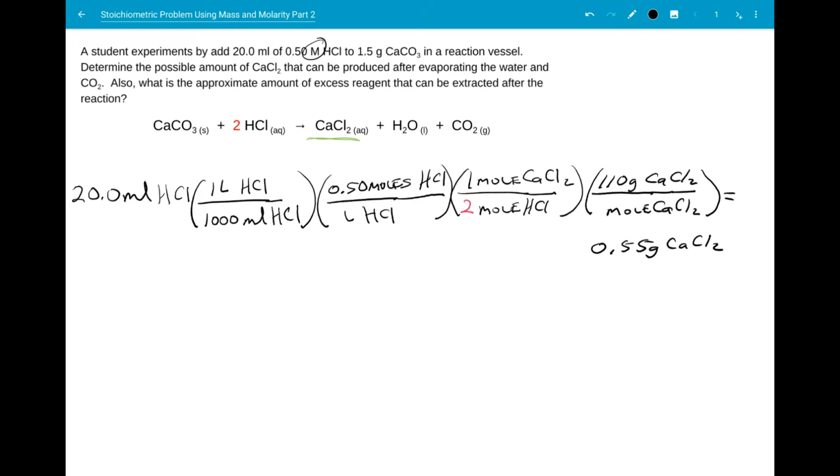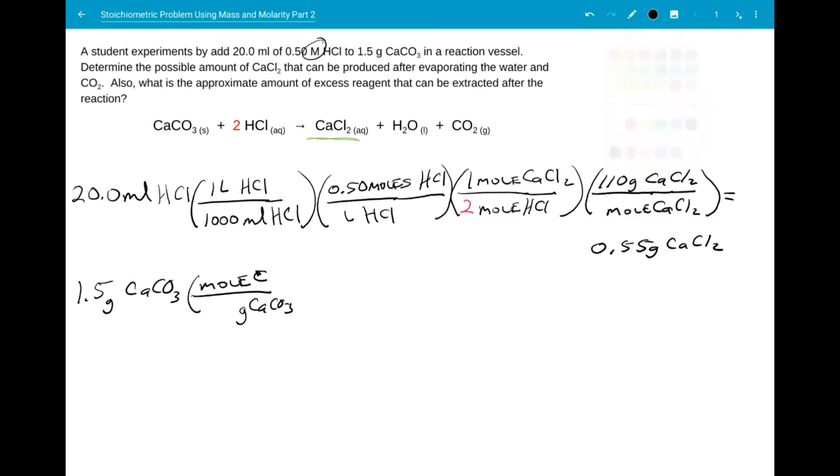I'm going to have to run the 1.5 grams because I do not know yet which one's the limiting or excess reagent. So I'm now going to take the 1.5 grams CaCO3, calcium carbonate, and whatever units are up top, I'm going to put on the bottom, so grams CaCO3 to mole. I'm taking the molar mass, and I need the periodic table for this.